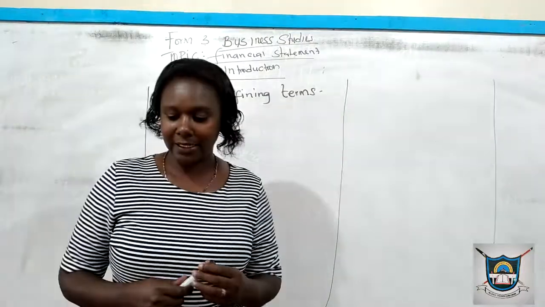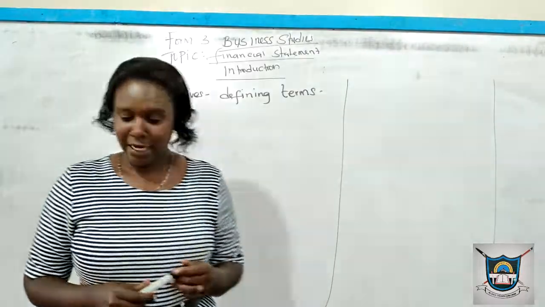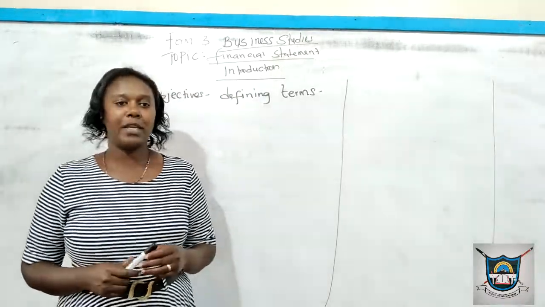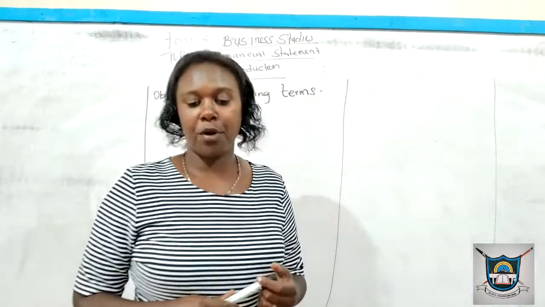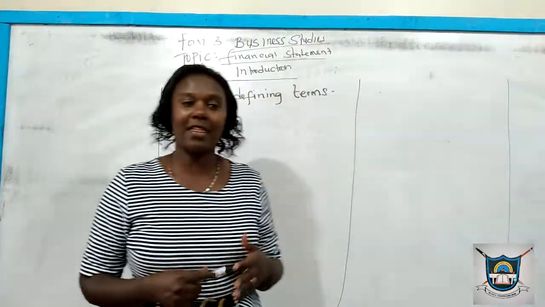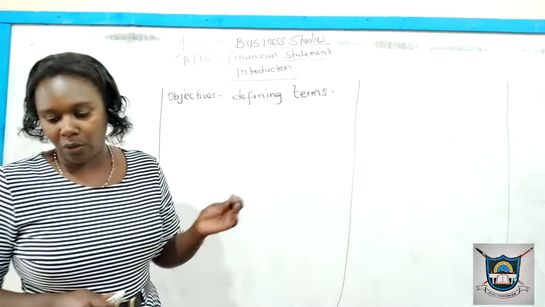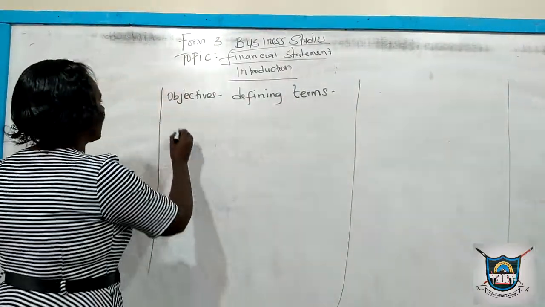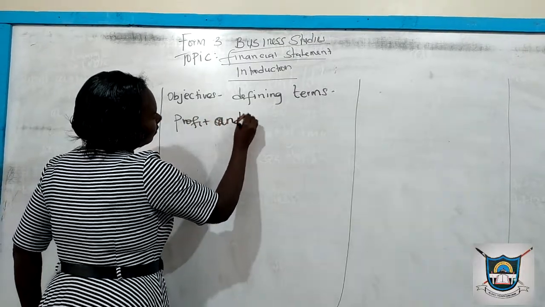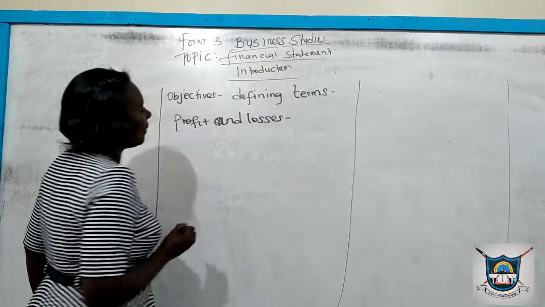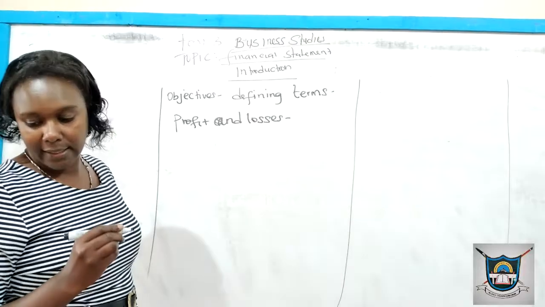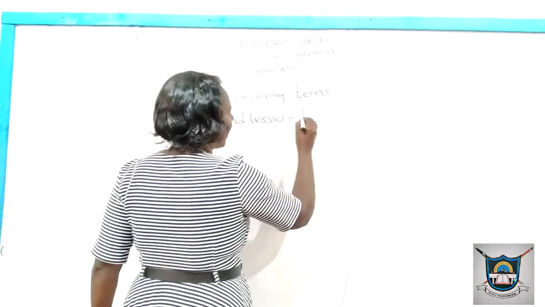The main objective of starting a business is to make profit, and so for you to be able to calculate that profit, proper accounting records should therefore be kept to facilitate calculation of either the profit or loss. Profit and losses in a business are determined when you prepare a document called trading profit and loss account.